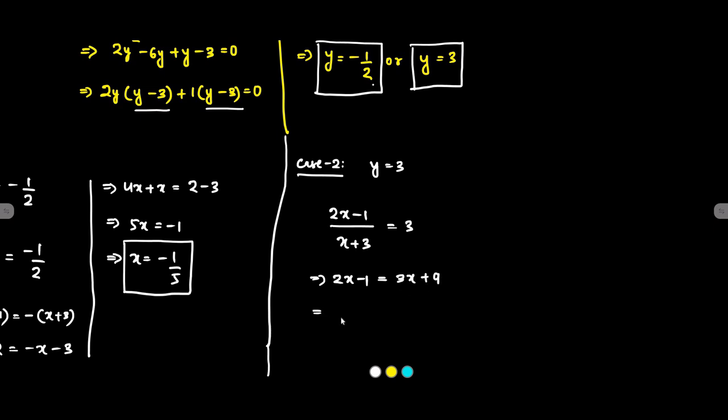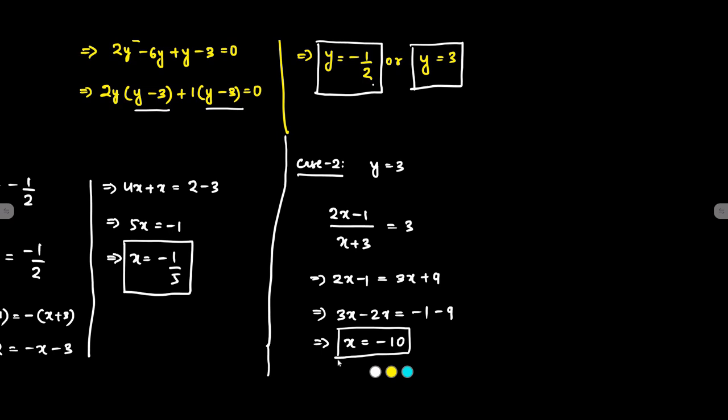That implies 3x minus 2x is equal to minus 1 minus 9. That implies x is equal to minus 10. So for y equal to 3, x is equal to minus 10.